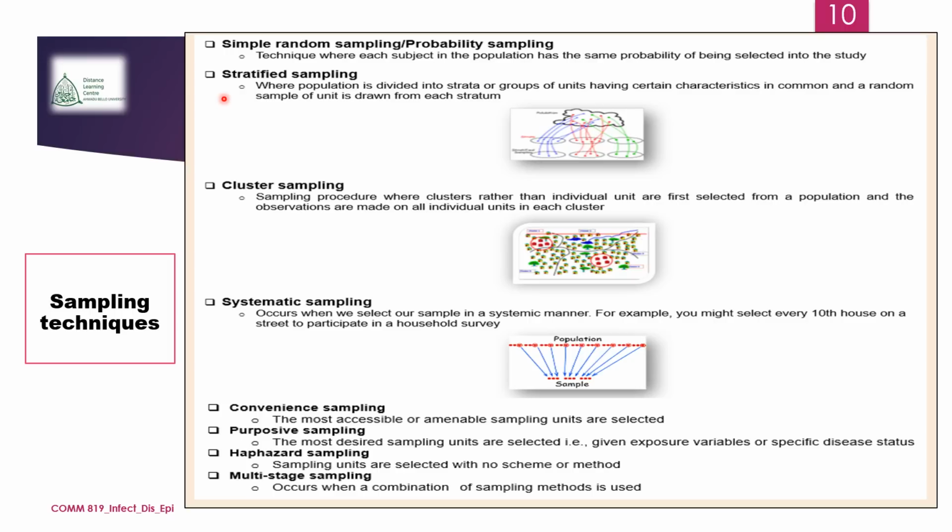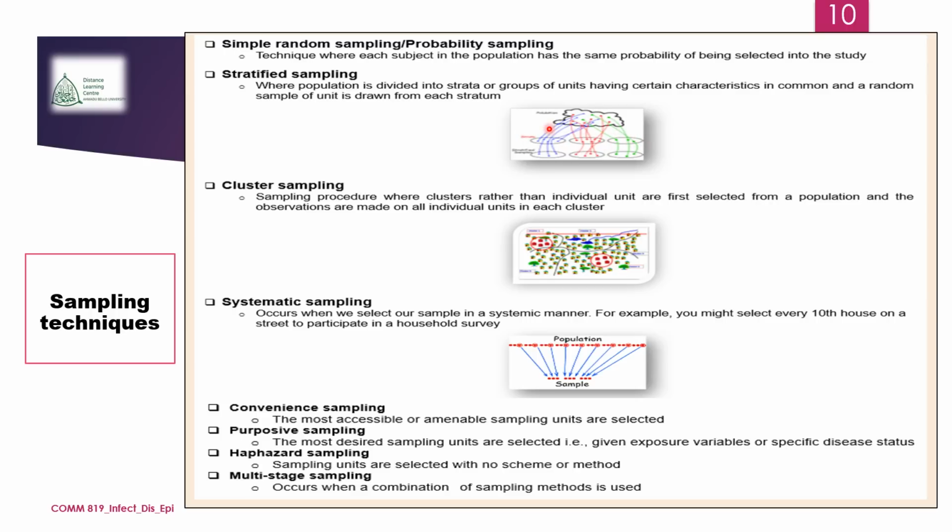Then we have another sampling technique that we call stratified sampling. Stratified sampling is where you have a heterogeneous population, with different characteristics in the larger population. So in order to reduce heterogeneity, you need to create strata.